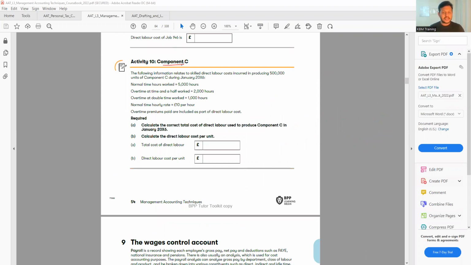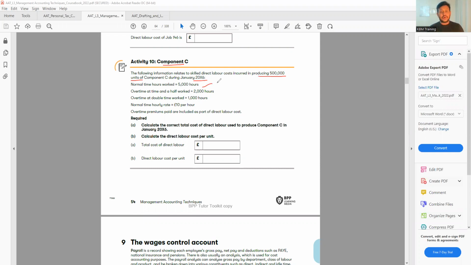Component C. The following information relates to skilled direct labor cost incurred in producing 500,000 units of component C during January 2016. Normal time worked is 5,000 hours.